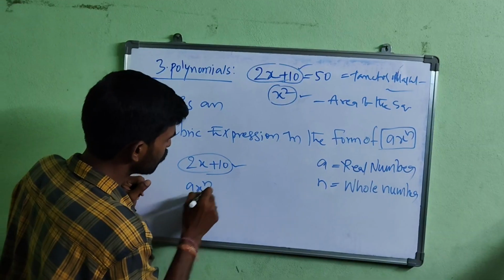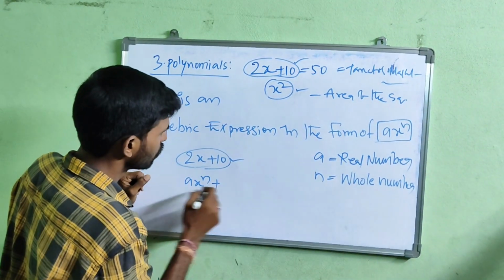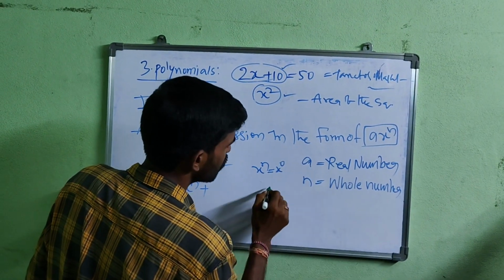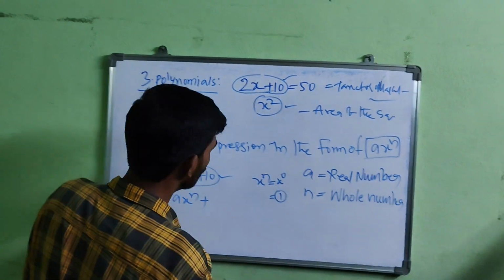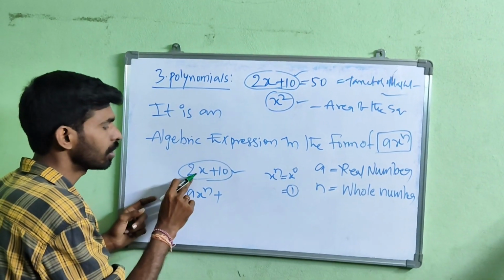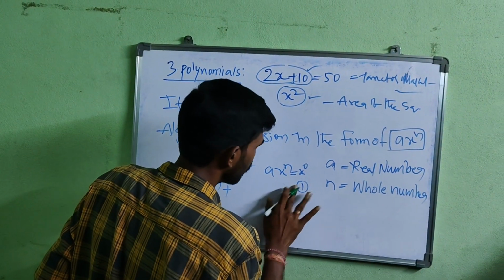We took a into x power n, and here also x power n, for example x power 0. What is x power 0? It is equal to 1, right? Here 1 into something, a is there, a into something.